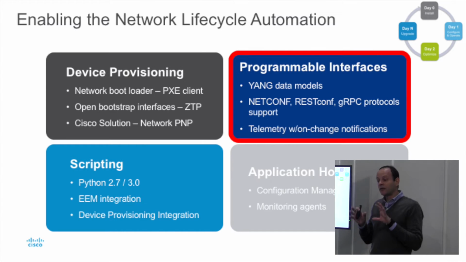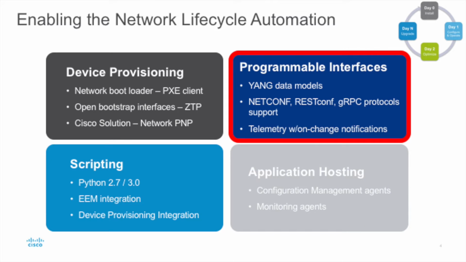For every bucket there are several features, and the idea in Cisco is to come up with features that are either turnkey solutions, provided by Cisco, installed and ready to use, or provide the infrastructure that a customer can use to build their own tool chain. We are going to be mainly focused on the programmable interfaces today.